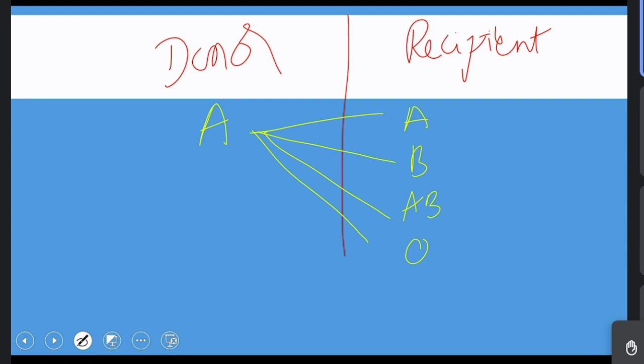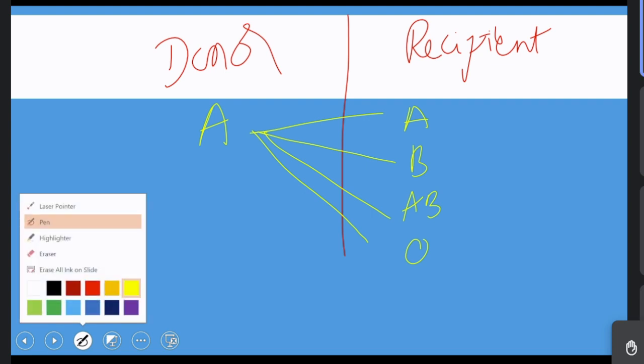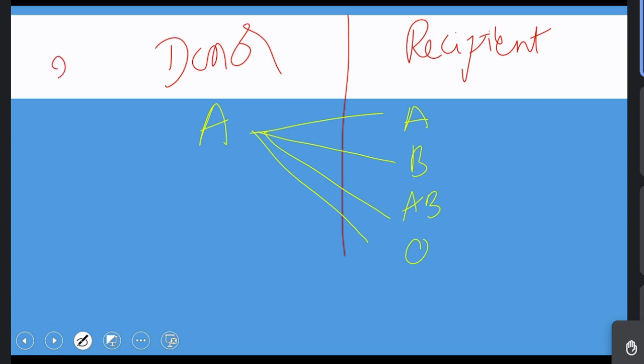Can anyone tell me, during blood donation, how much blood you will give? 250 ml. It is 250 ml only. In this 250 ml of blood, which one is more in number?